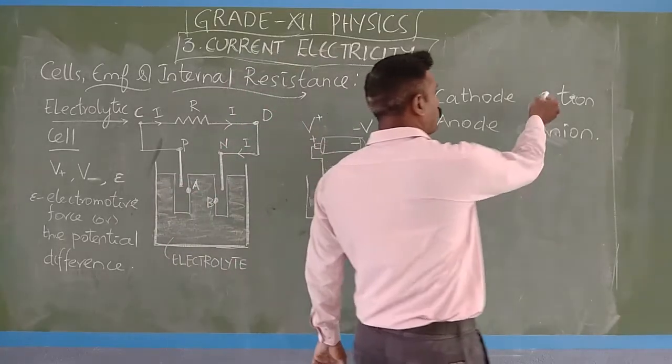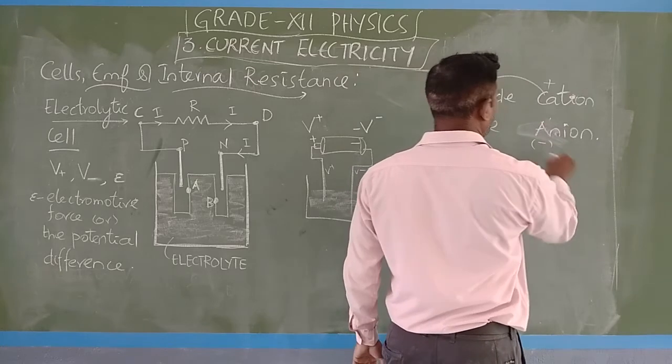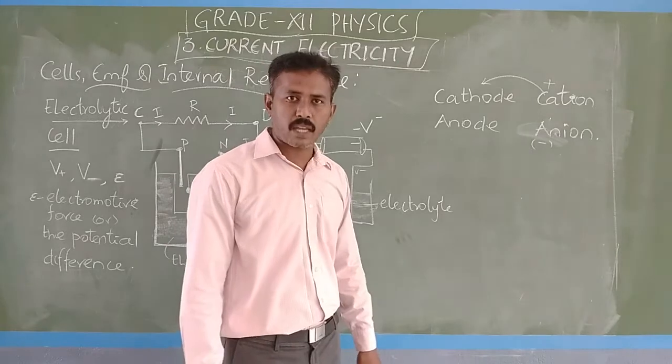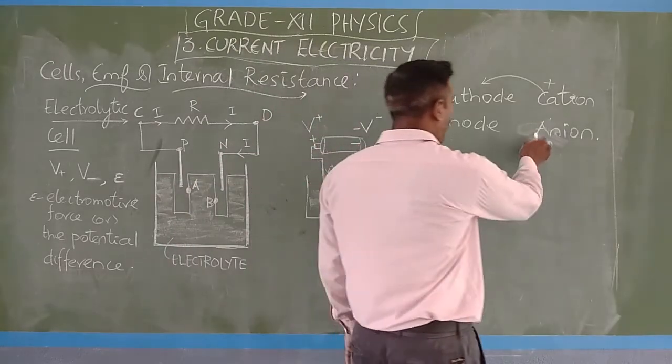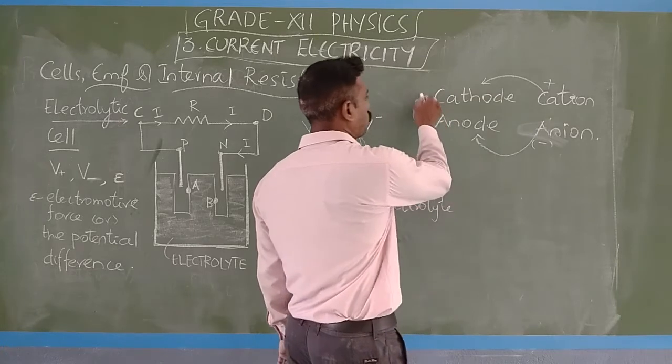So the cation, being positive, will move towards the cathode, and the anion, being negative, will move towards the anode.